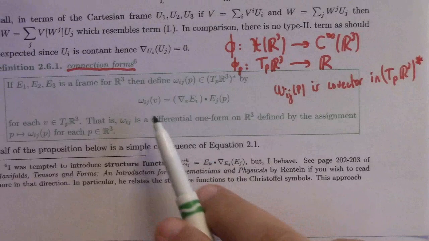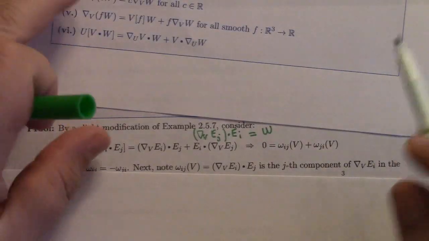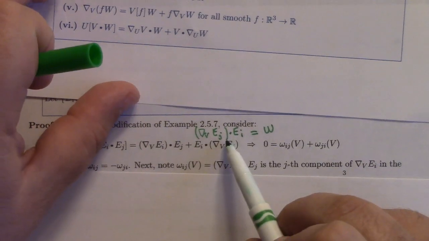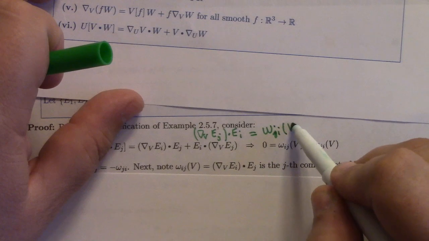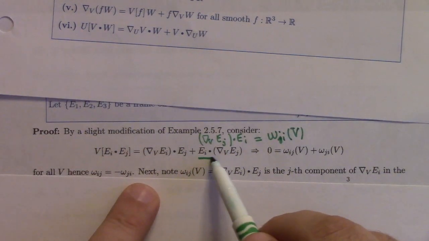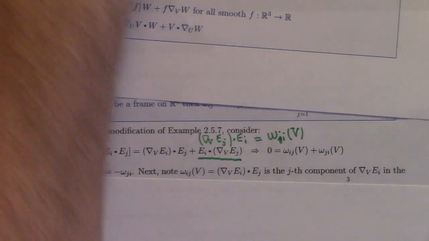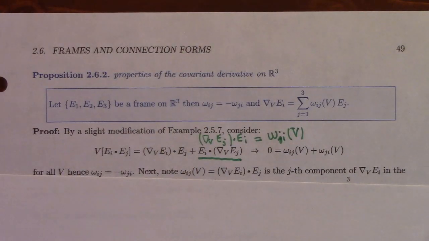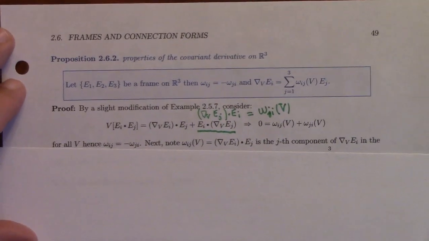So omega_ij of v is del_v e_i dot e_j. So del_v e_j dot e_i, that's omega_ji of v. Which is why I said that this term right here was omega_ji of v. So anyway, let me zoom out a bit here so I can see better.